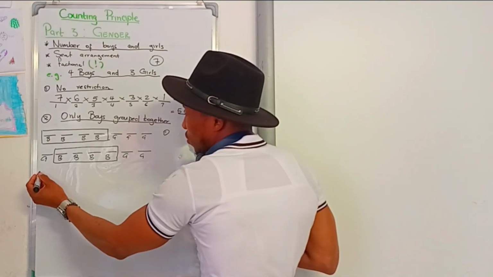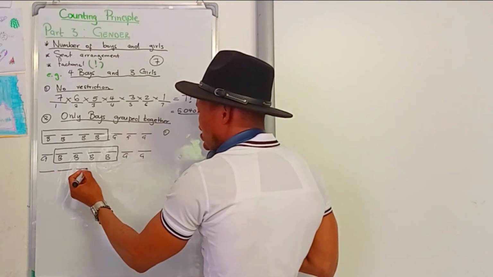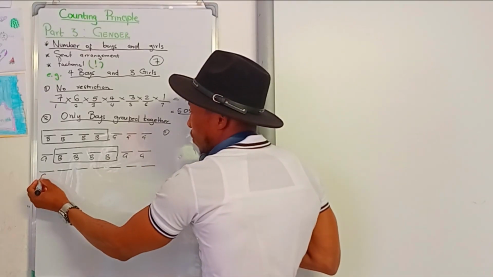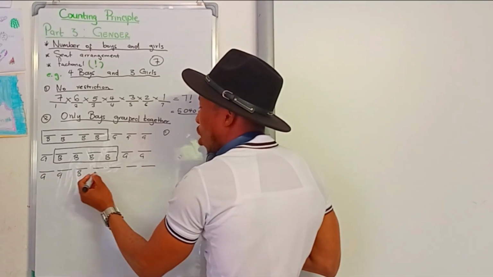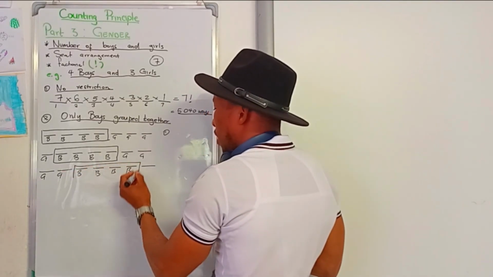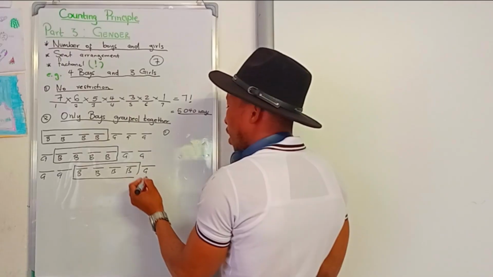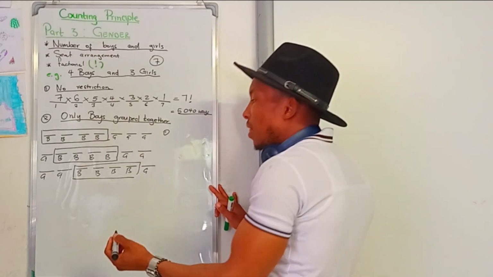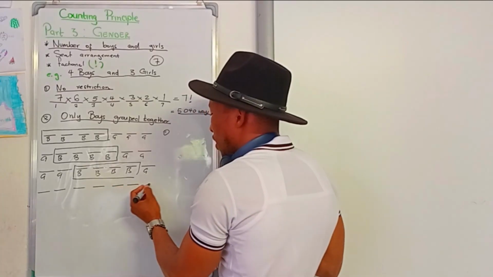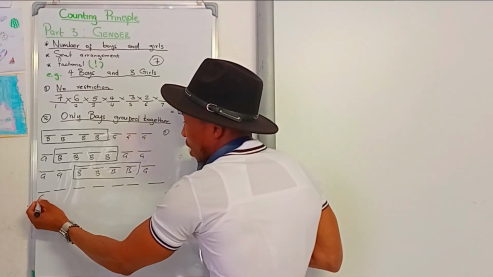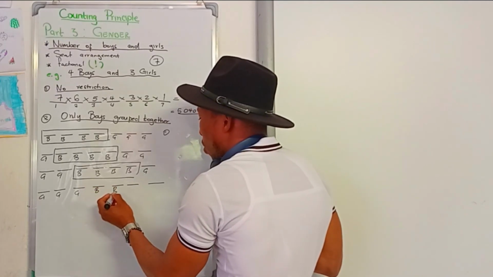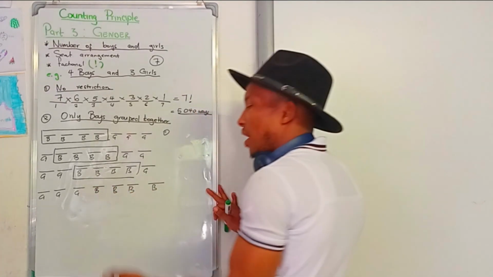Then as well, we have 1, 2, 3, 4, 5, 6, 7: a girl, and a boy, a boy, a boy, and a boy. Then still the boys are grouped together, and the last one is a girl. Okay? Then as well, we have 1, 2, 3, 4, 5, 6, 7: a girl, a girl, and a girl, and a boy, and a boy, as well as a boy.